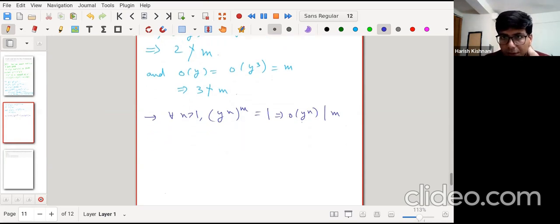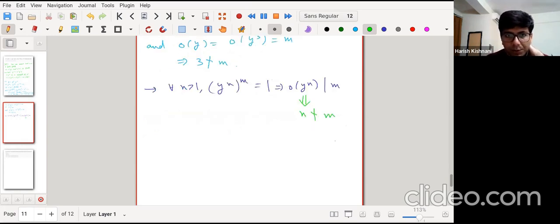So somehow this should imply that n cannot divide m. Now let's assume the contrary. If n divides m, then that implies n times r is some m.